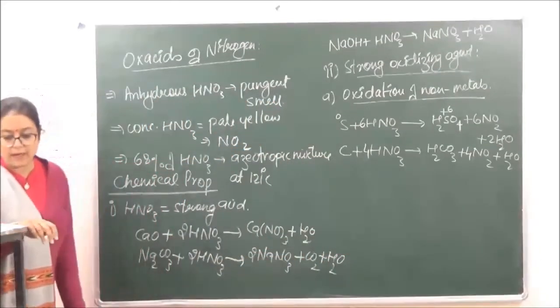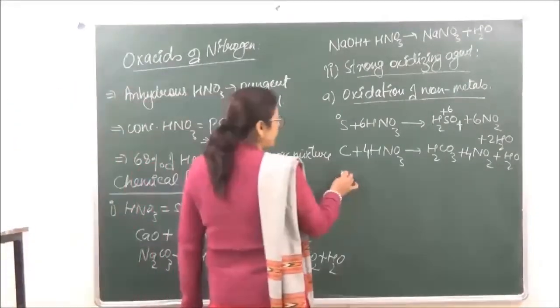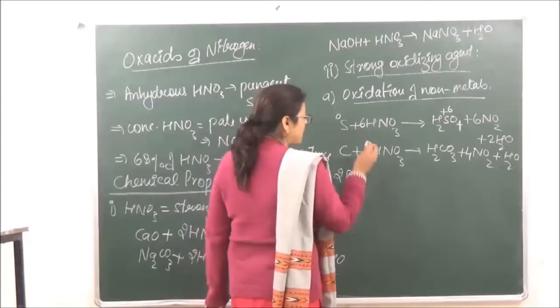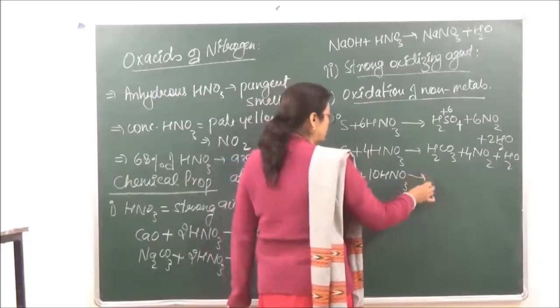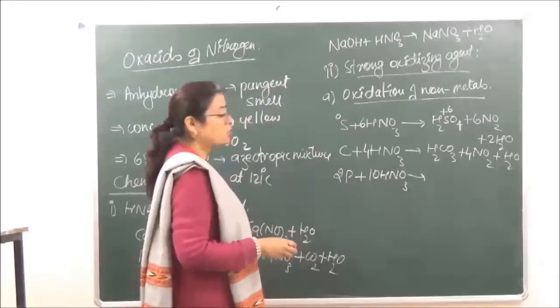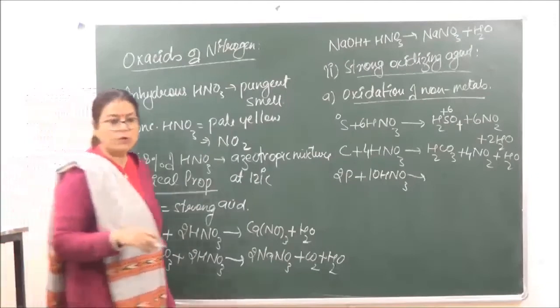In a similar manner, phosphorus will be converted to phosphoric acid. So we have phosphorus plus HNO3 giving phosphoric acid. Phosphoric acid is going to be H3PO4, right?